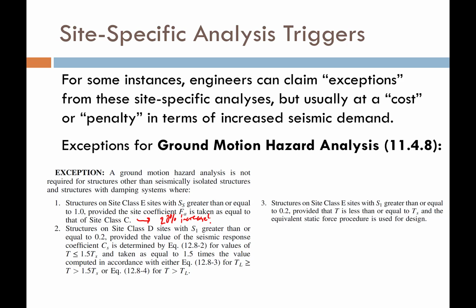Number 2, structures on site class D sites with a long period spectral acceleration greater than or equal to 0.2, provided that the value of the seismic response coefficient, C sub S, is determined by this equation for period values of less than 1.5 T sub S and is taken as 1.5 times the value computed in accordance for the periods past that.